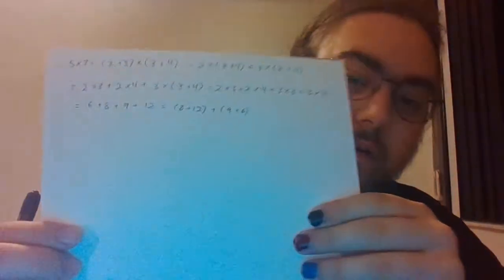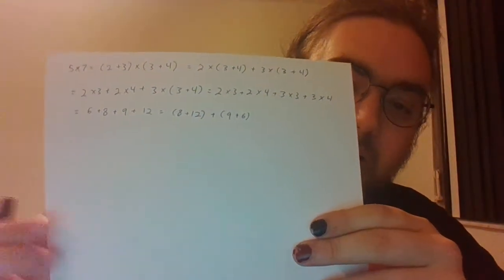So I'm going to actually rewrite this before I add it to make the addition even simpler. I'm going to write 8 plus 12 plus 9 plus 6. To me, this makes more sense. To me, this seems like an easier way to do things. Because I feel like it's more obvious that that's 20 plus 15, which is 35, which is what we wanted in the first place.